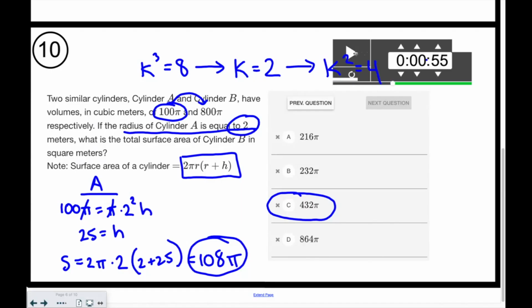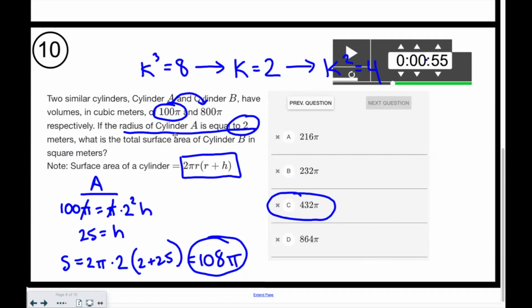Any questions about that one? I have a question. Yeah, go ahead. If we see a problem like this, should we just skip it? Because I never learned anything about scale factor. Definitely not. Scale factor is an important part of certain area and volume problems.